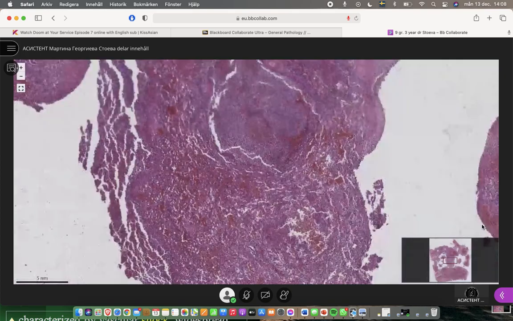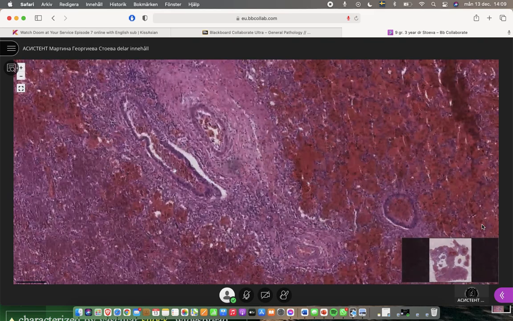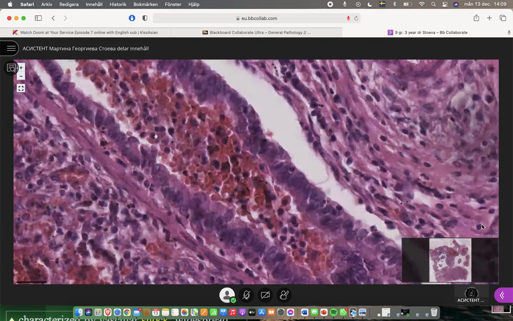And at this medium magnification, it's easier, I think, here at the upper side to see two lumina with dark peripheral areas. These are bronchioles, because when we zoom in, we can see that these lumina, which are also filled with erythrocytes and inflammatory cells, but at the same time they are lined by pseudostratified columnar ciliated epithelium.